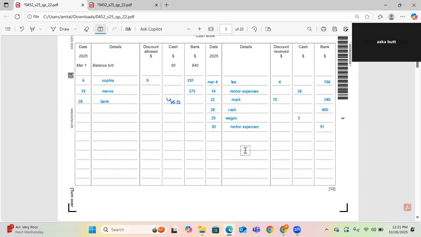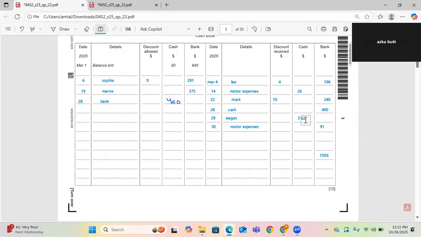Now let's see the total of the bank account. Let's calculate 196, 240, 491. So this is equal to 1506. And the total of the cash side will be 26. Okay, we need to write 362 here. The wages were 362. There is something wrong with the laptop, I guess. Yeah, now it's perfect.